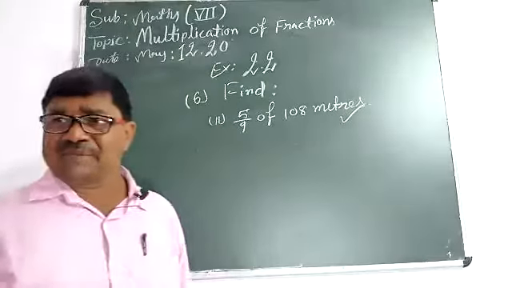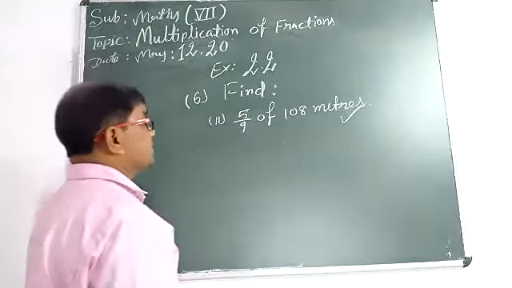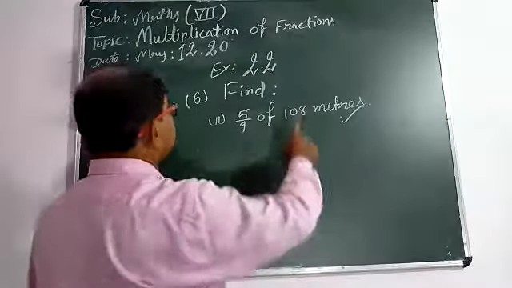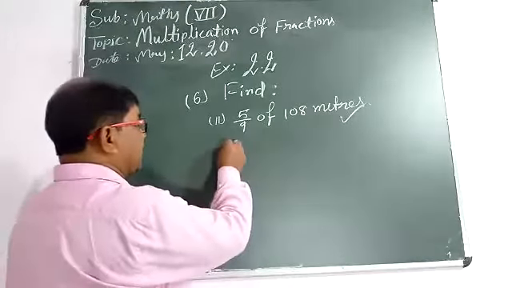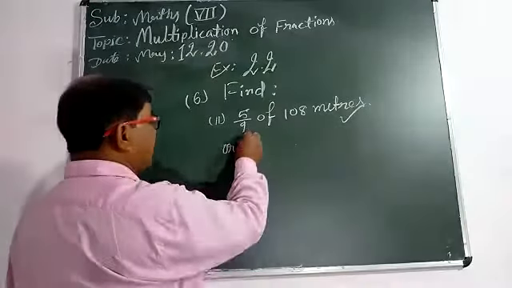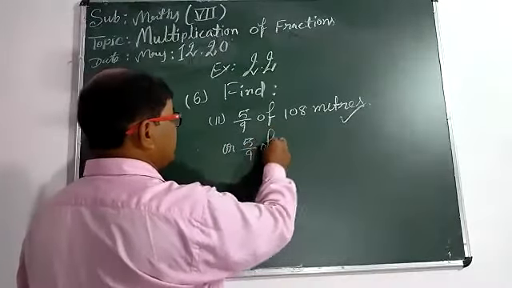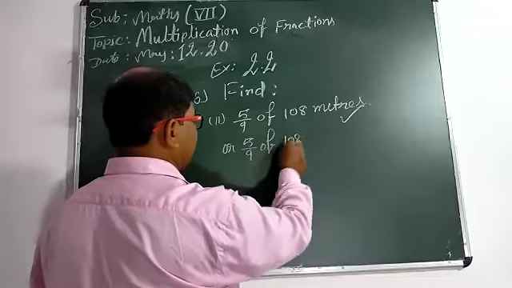What will be the system? 5 upon 9 of 108. So, we can write 5 upon 9 of 108 upon 1.